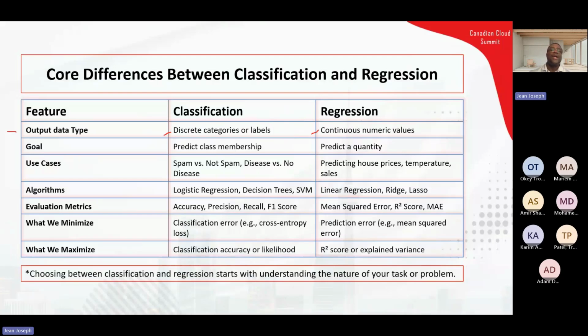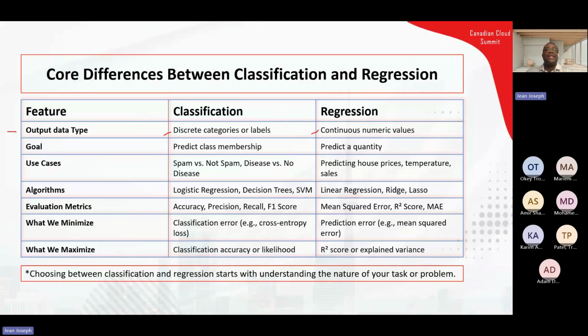To summarize, because I do not want to go over every one by one, let me do a summarization. Choosing between classification and regression, start with understanding the nature of your task or problem. If your goal is to predict a categorical label, you're dealing with a classification problem.